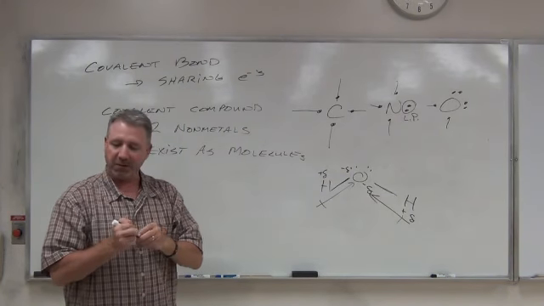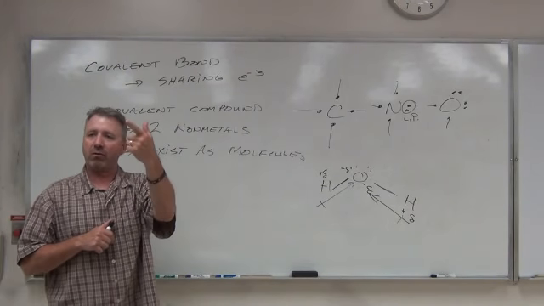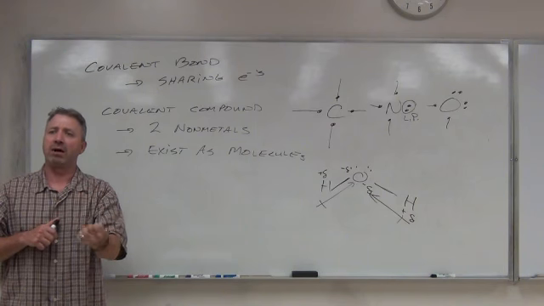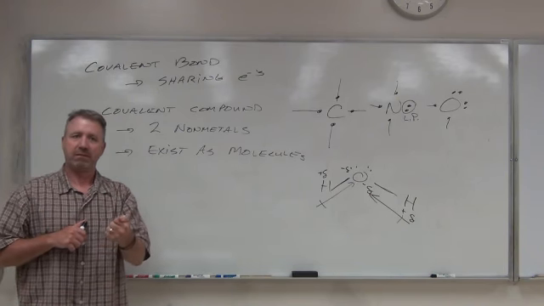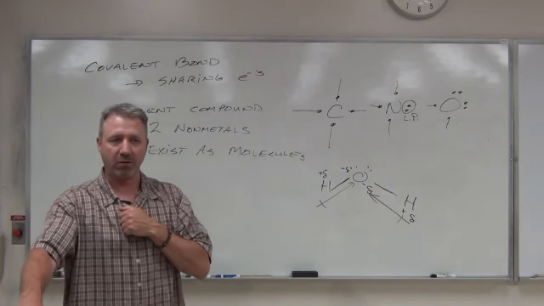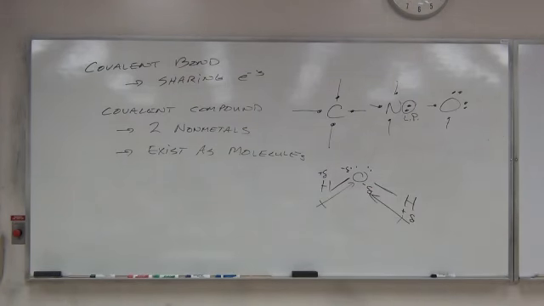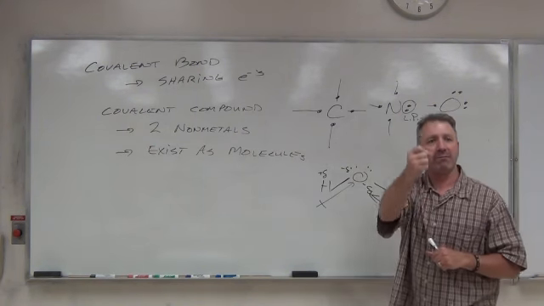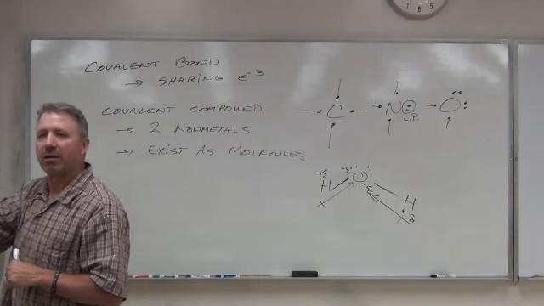Our possible configurations, at least the ones we've defined for you, only the linear and only the tetrahedral have possibilities of giving you nonpolar molecules. That's it. All the other ones will be polar. Right? So if you have different nonmetals, you have polar bonds, for sure.